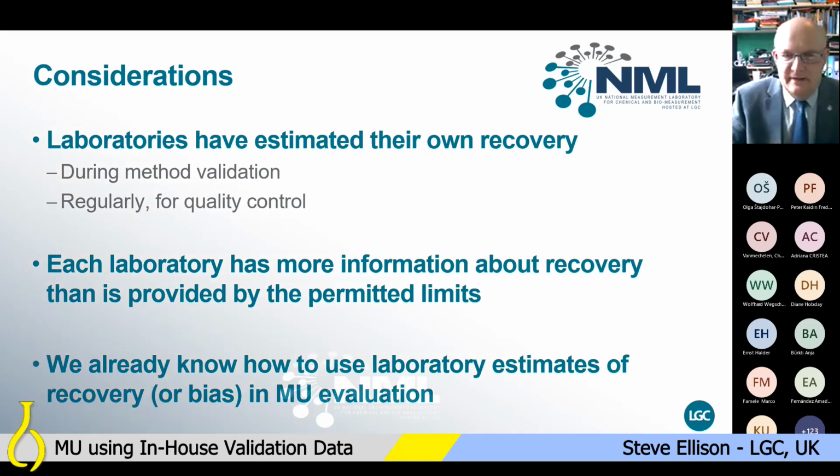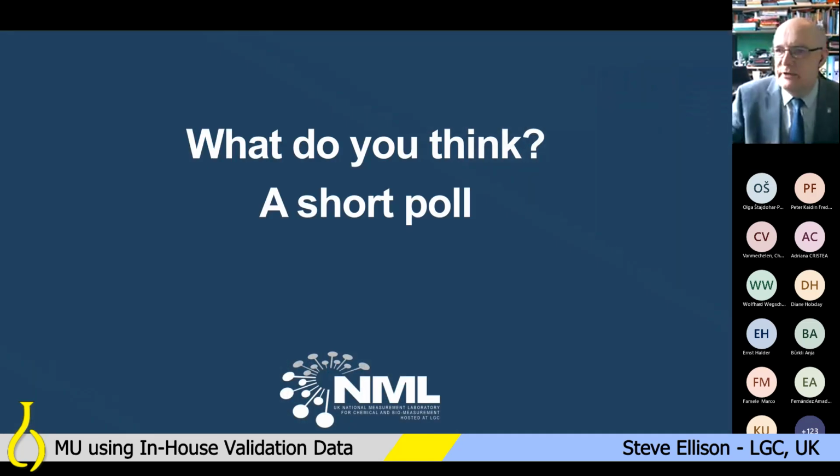I'm going to try something now. I'll be interested in understanding what everybody thinks in the meeting, so I'm going to launch a short poll just to find out what happens. What do you think is the best way of handling regulatory permitted limits when you're thinking about measurement uncertainty? The options are relatively straightforward. The first one is use the regulatory range in estimating the uncertainty.